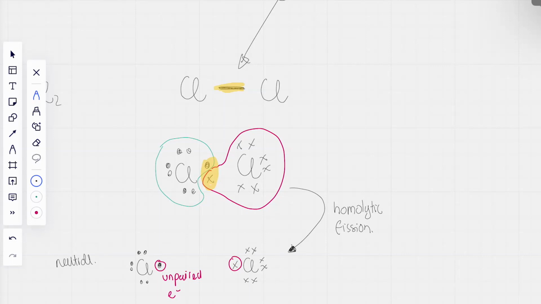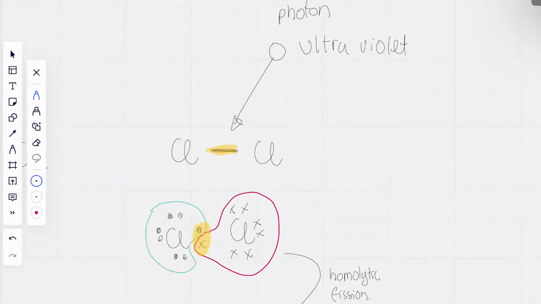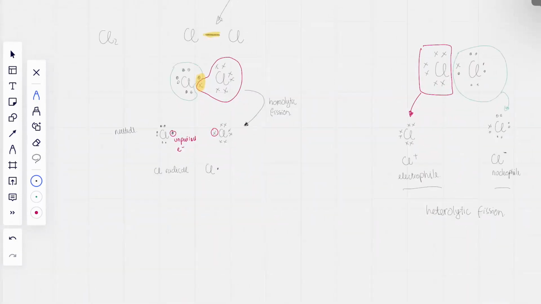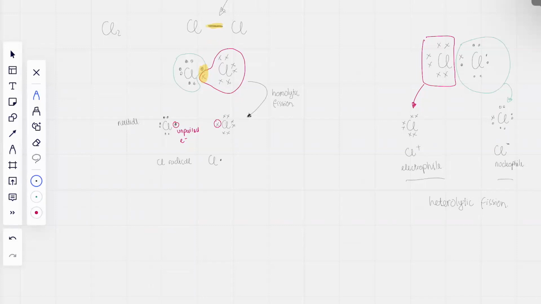Reason? Because the probability of the UV light hitting just exactly between the two atoms is quite low. So if you have, let's say 1 million, maybe only 100 or 200 break up. So you have only a small amount because it's difficult to hit.